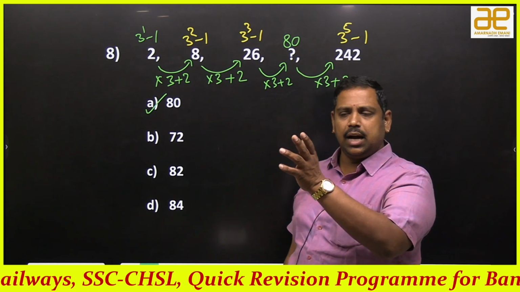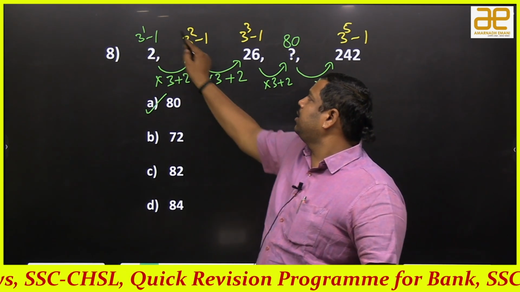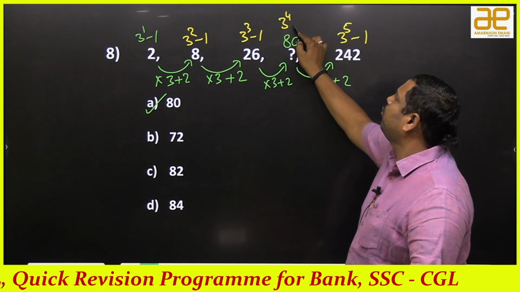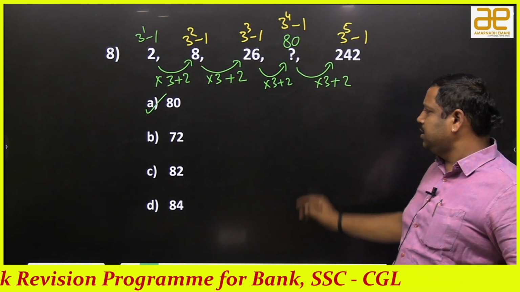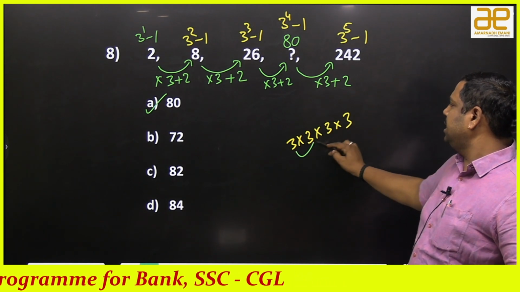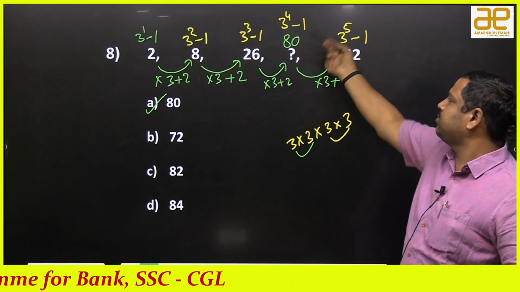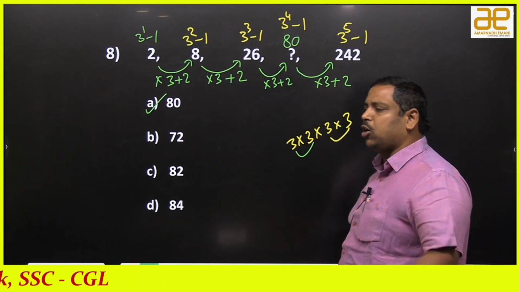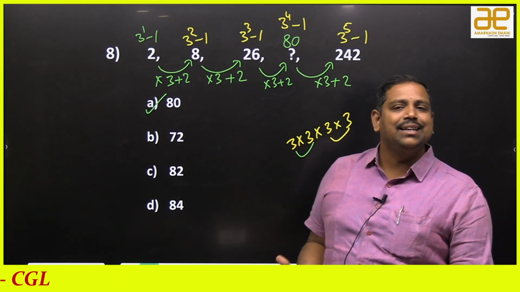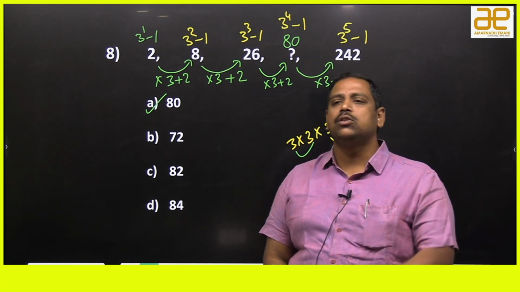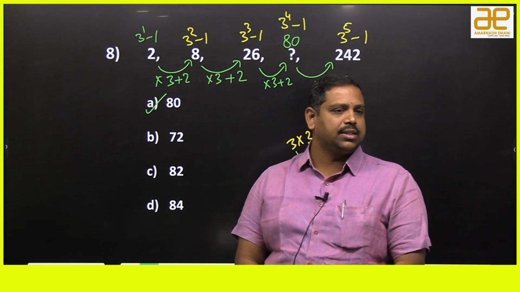All are 3 powers minus 1. 3 power 1, 3 power 2, 3 cube, then the middle one is 3 power 4 minus 1, and then 3 power 5 minus 1. 3 power 4 means 3 into 3 into 3 into 3. 9, 9. 9 nines are 81. Minus 1 is 80. So the answer is the same. Compared to the second one, the first one is a far better option, right or wrong? But getting that idea is important. That is the reason I said try to memorize the values from 3 power 1 to 3 power 6. Okay.